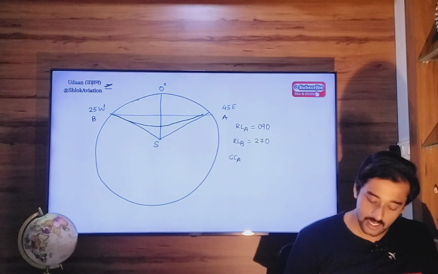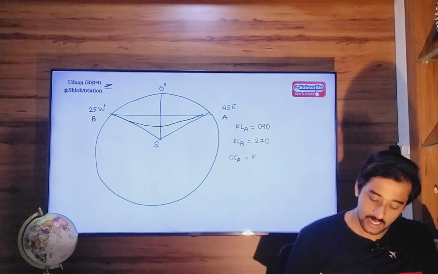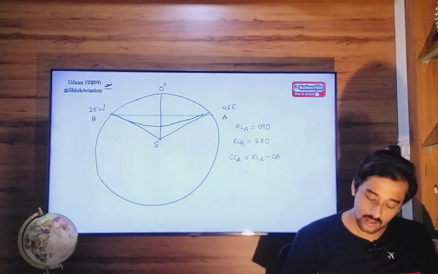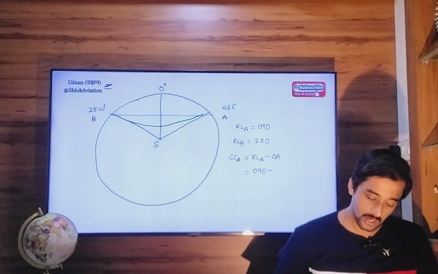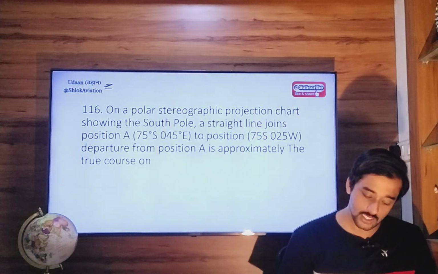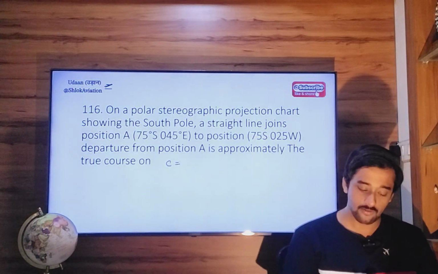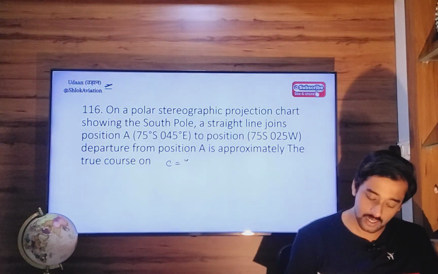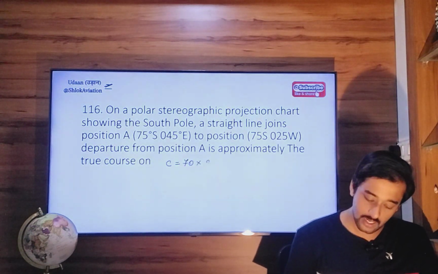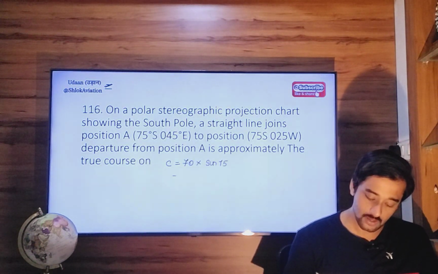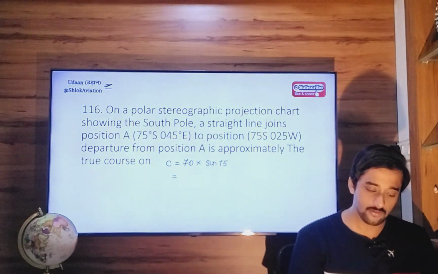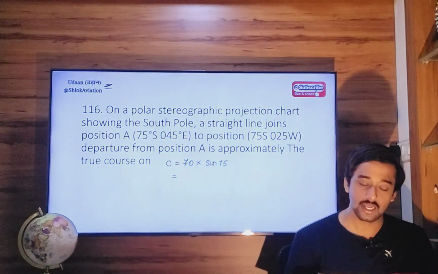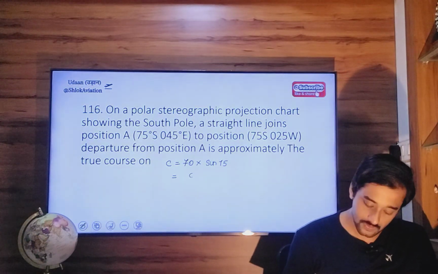Great circle track at A will be rhumb line track at A minus convergency angle. So 090 minus convergency angle. What is convergency here? D long is 45 east plus 25 west, so 70. Sine of 75, right? So sine 75 into 70 is 67 degrees 36 minutes.